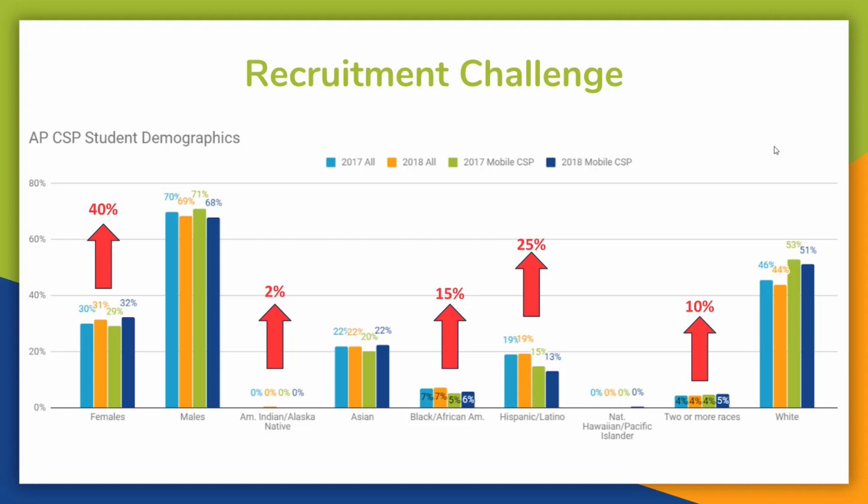If I just talk to one or two more African American students, a couple more Latino students, etc., then we're going to move the needle and increase those percentages from 15% up to 25%. So while the numbers might look a little scary, just think about your class. That means just getting a couple more students from each of these underrepresented groups into your class. So what can you do in your classes to recruit just a couple more in each of these groups?